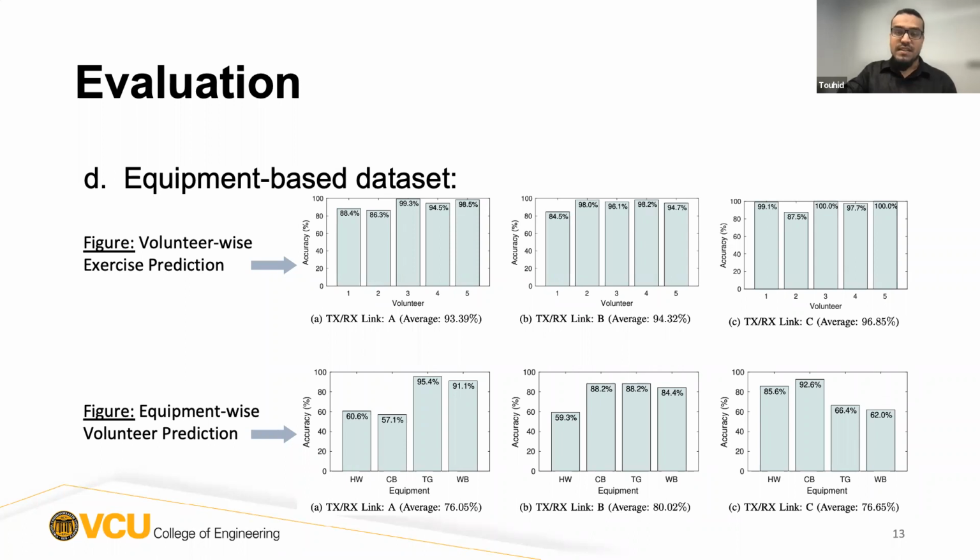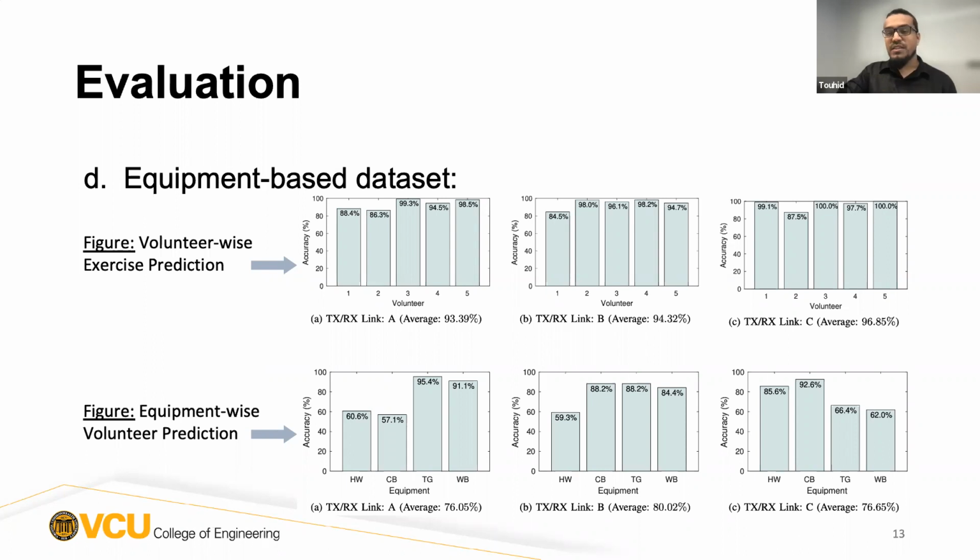The top 3 bar charts show the accuracy of the multi-class classifier predicting the 4 different equipment stations using CSA captured with each TXRX link, where the least average accuracy is 93.39% using the link A. This demonstrates that even though only specific equipment is placed in the line of sight of each TXRX link, the models can still successfully distinguish which equipment is being used from any given link. Thus, we can see that link positioning is unimportant for equipment identification.